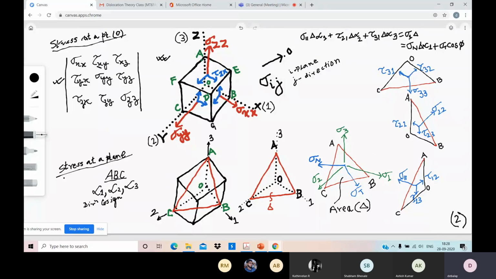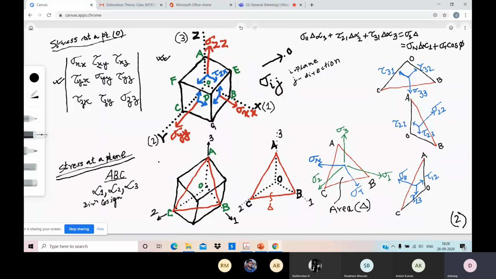Now we are interested to know the stress at a plane. What is the stress acting at any plane? We know the face planes, what stresses are acting. I understand that on the X plane, Y plane, Z plane, how stresses are acting. But if there is any arbitrary plane at any angle, any orientation, how to calculate the stress on that plane?